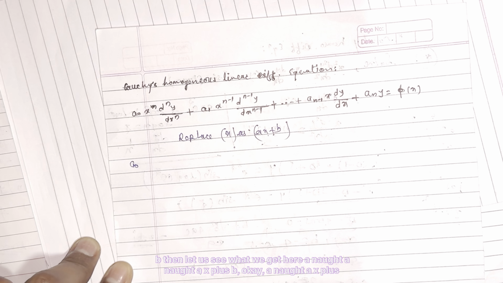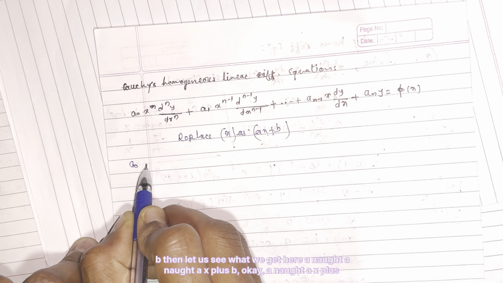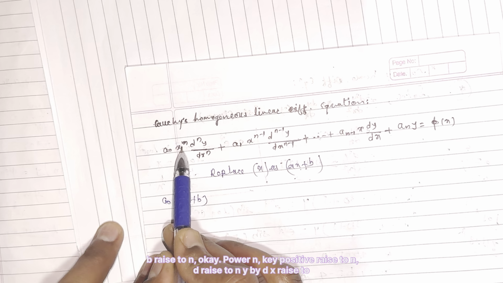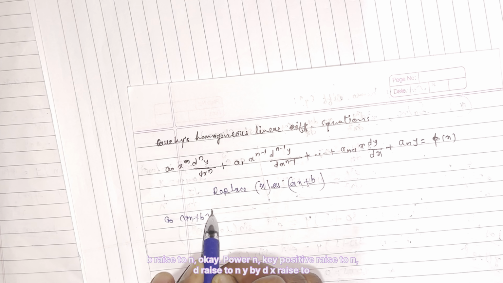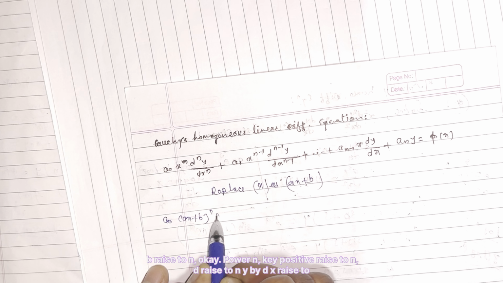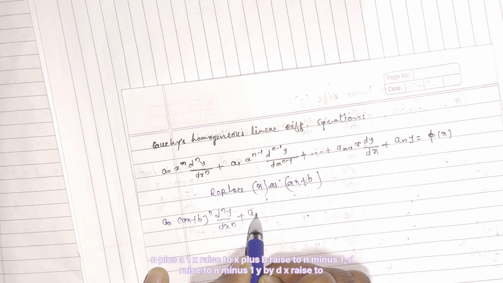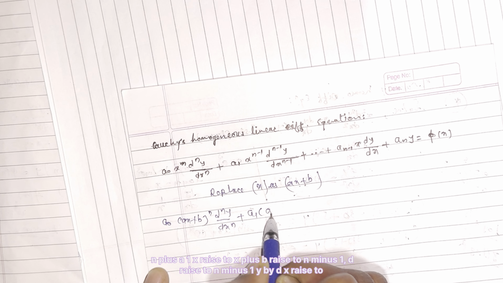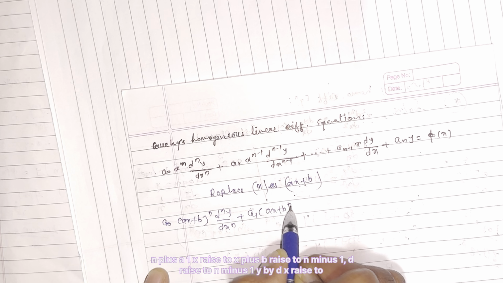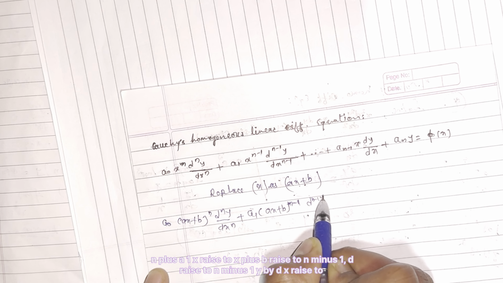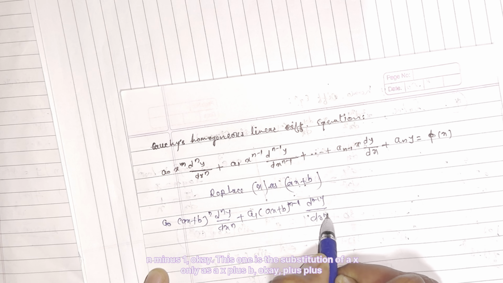a naught times ax plus b raised to n, the power n kept as it is, d raised to n y by dx raised to n, plus a1 times ax plus b raised to n minus 1, d raised to n minus 1 y by dx raised to n minus 1.